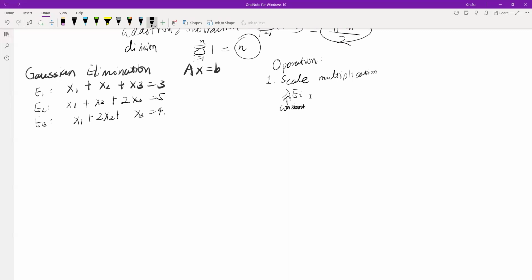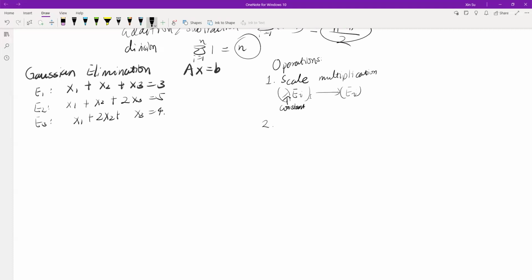We use a constant to multiply that equation and then replace the original equation. This is one operation we are going to consider, and then there is another operation we are going to consider.